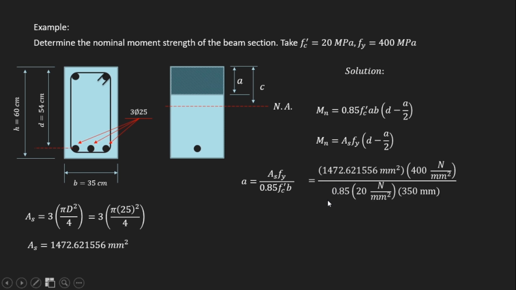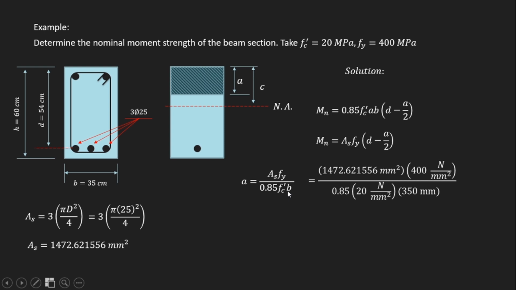Ngayon, substitute the value. So, yung As natin, that is 1,472.621556 square millimeters. Yung fy, that is 400 megapascal, or yung 1 megapascal natin, that is also equal to Newton per square millimeters. And all over 0.85 times yung fc prime natin, that is 20 megapascal or 20 Newton per square millimeters.